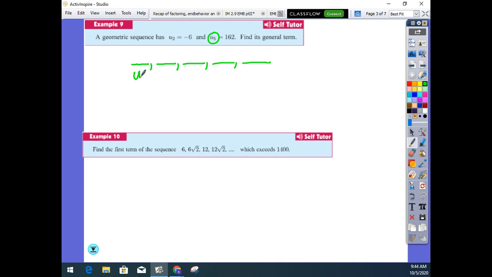I know this is u sub 1, u sub 2, u sub 3, u sub 4. So sometimes we can use the sequence just to help us make sense of the problem. If I start with -6, multiply by r, multiply by r, I don't know what that r is, and I can get up to 162.